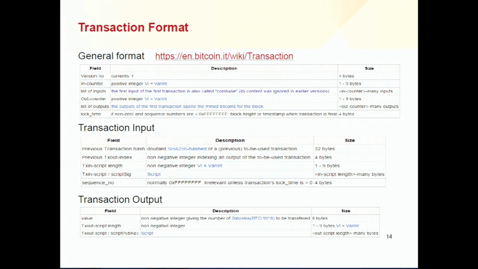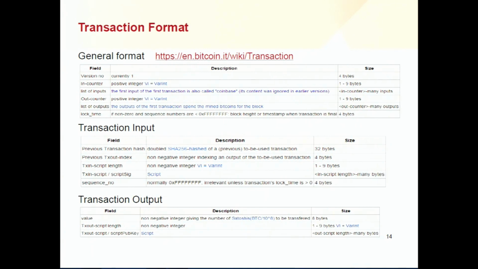The lock time, if it's non-zero, can point to some future time. So this transaction can take place at some point in the future, and it's locked until then. For instance, somebody that wants to give his grandson money on his 18th birthday presents it to him, but it's not valid until that time has passed.